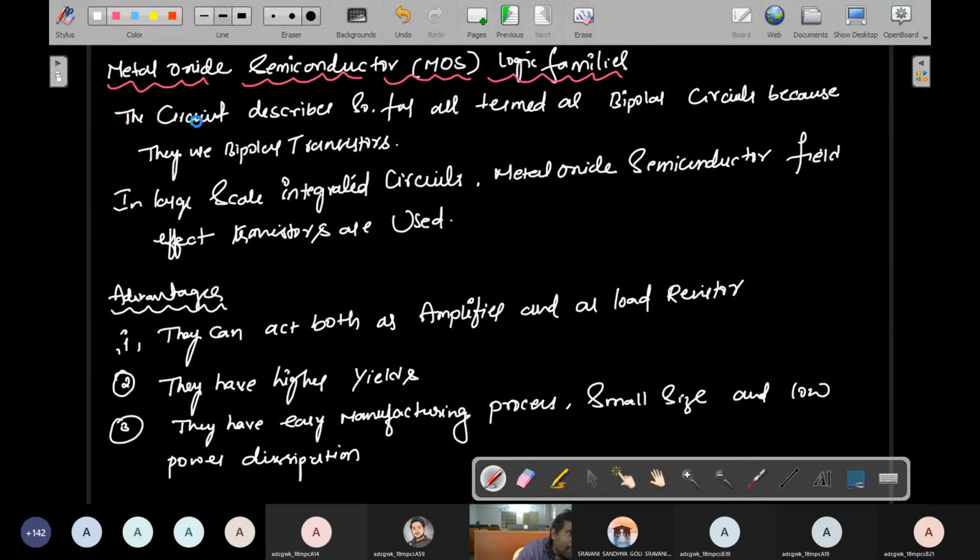Once I'll write the fourth point here. The fourth point: enhancement type MOSFETs are preferred over depletion type.